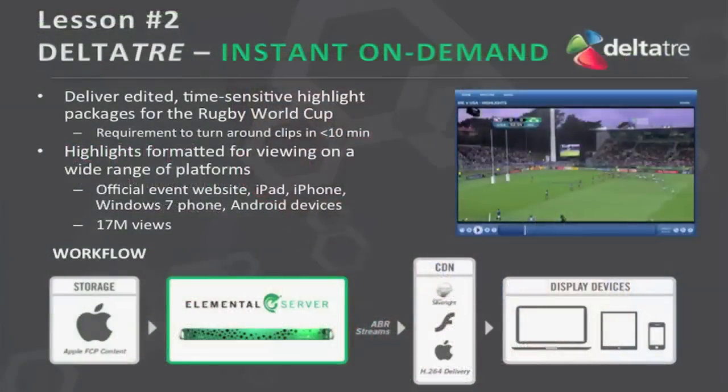Second key lesson was around a company that we work with called Delta Tray, which powered all the video highlights for the recent Rugby World Cup last fall. In this case, it was taking highlights that Delta Tray was creating and very quickly creating multi-screen outputs for all those different highlights. Speed was critical.